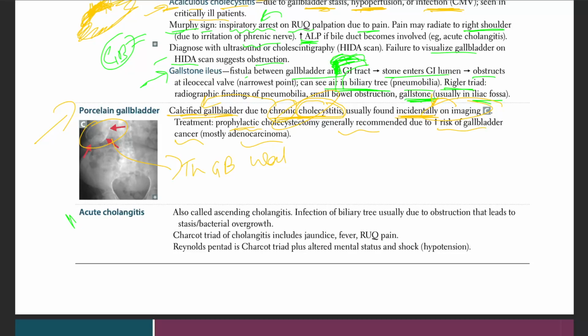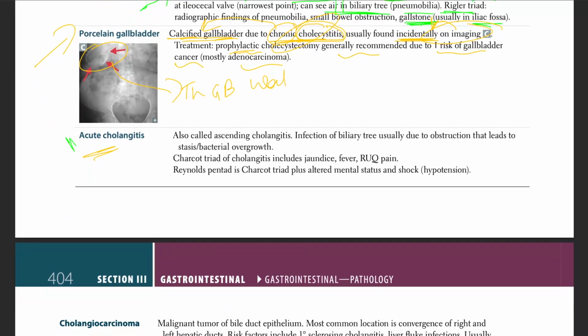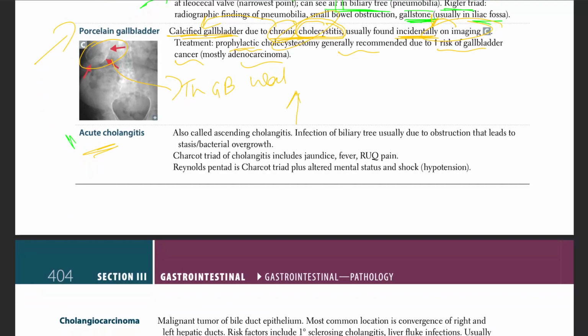Okay, now let's talk about acute cholangitis. Acute cholangitis, that's also called ascending cholangitis. It is infection of the biliary tree, usually due to obstruction that leads to stasis, bacterial overgrowth. Okay. You have the Charcot triad of cholangitis.